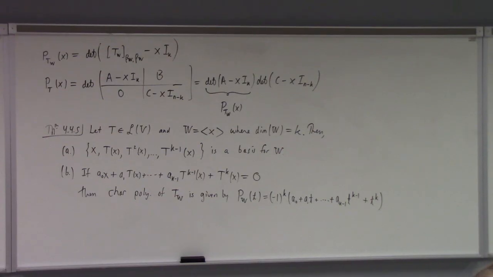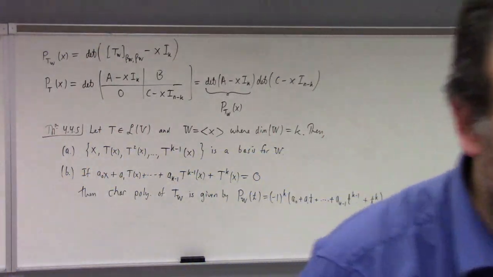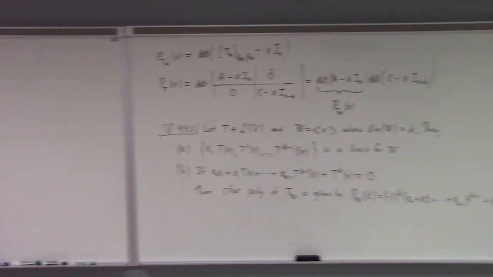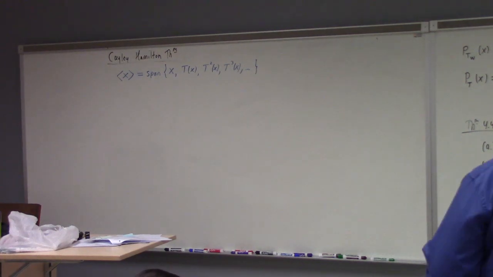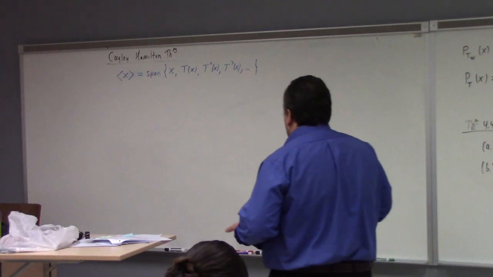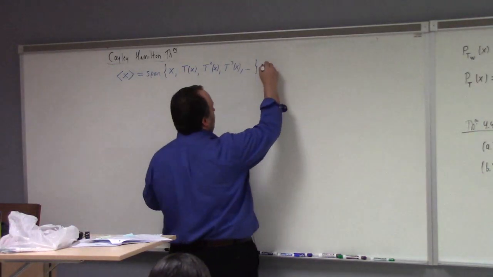What else is there? There's something missing here, isn't there? Important: span. Yeah, span. So this is the cyclic subspace, or you could say the T-cyclic subspace generated by x under T. And I argued last time that that's an invariant subspace. If we're talking about a finite dimensional vector space, this is a subspace of V, right?